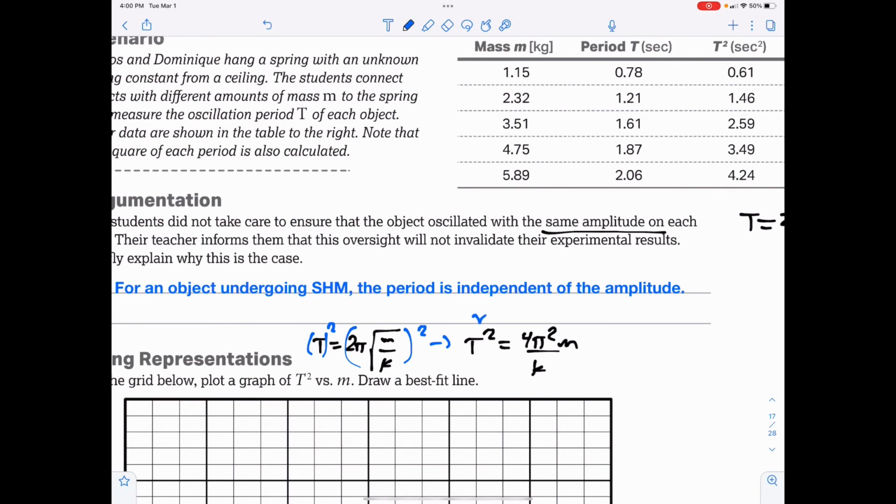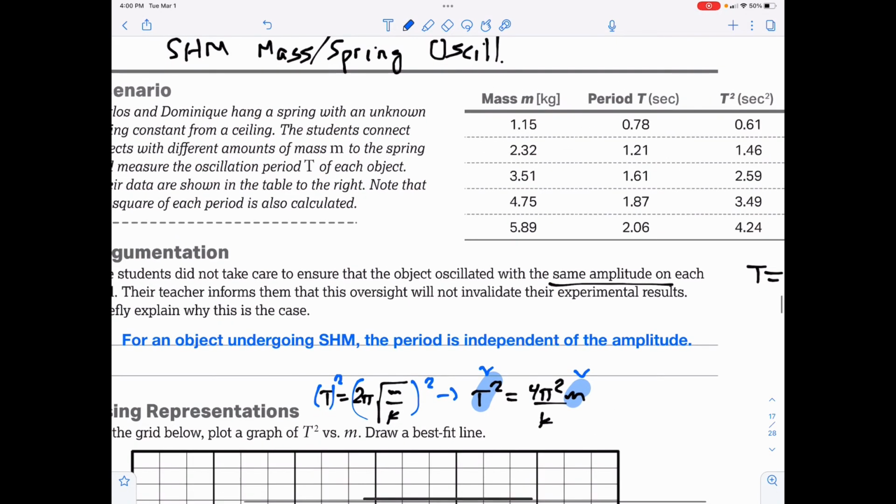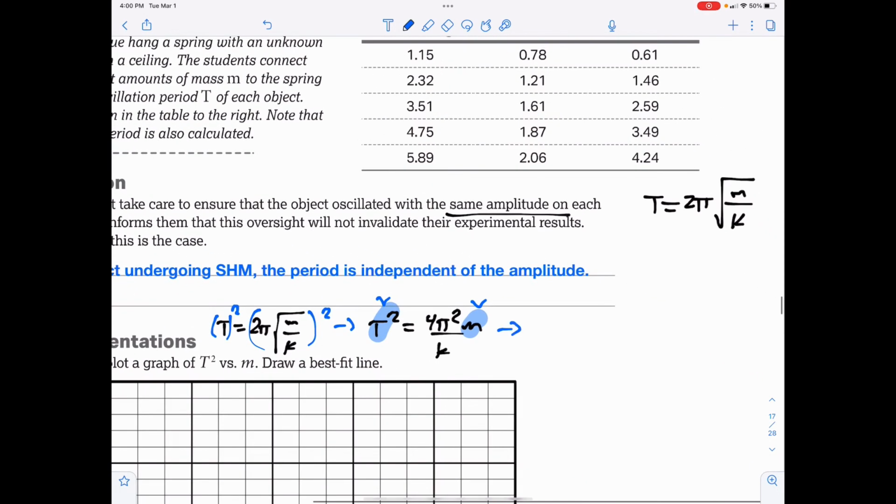Here, T is a variable, mass is a variable. I want to bring my variables together and write them as dependent over independent. T squared is the dependent variable, and mass is the independent variable. So I need to divide by mass. If I do that, I get T squared over the mass equals 4 pi squared over k.